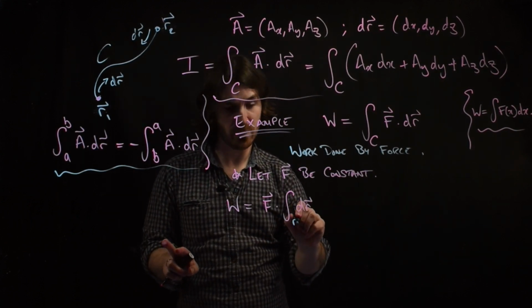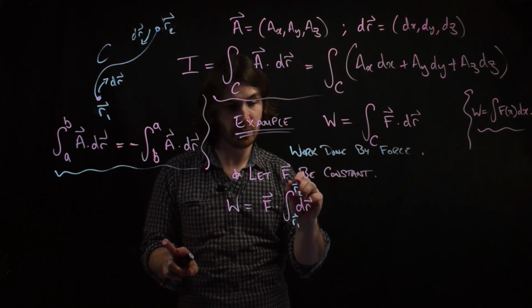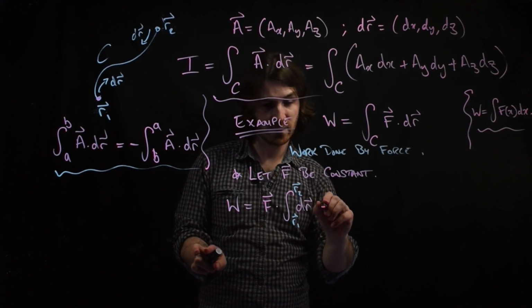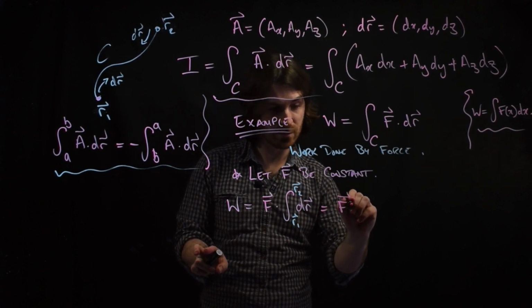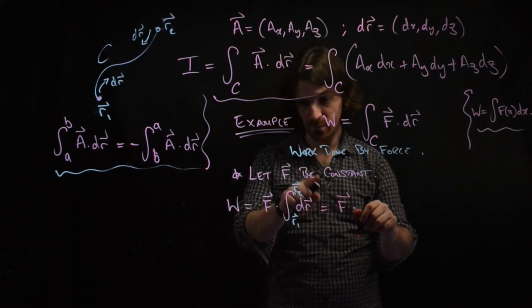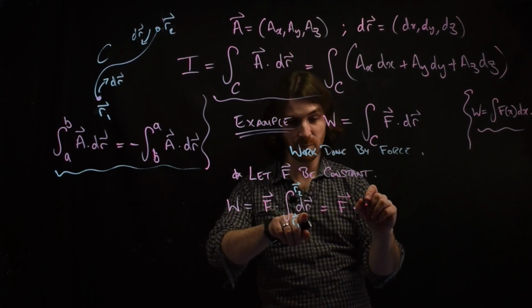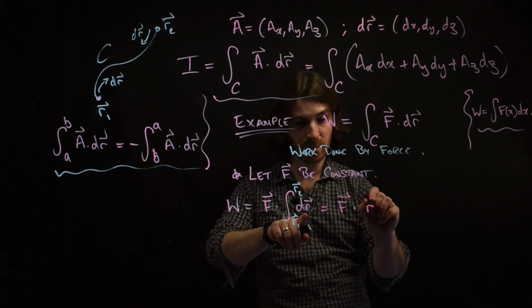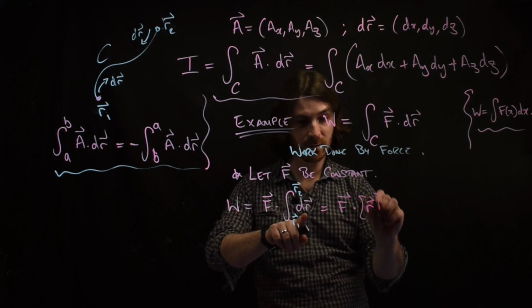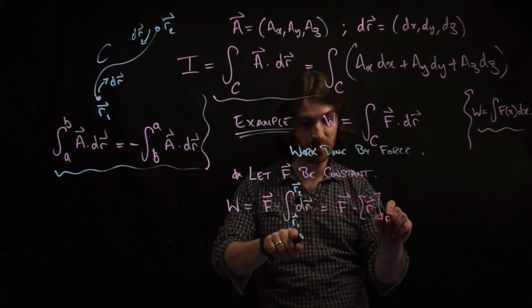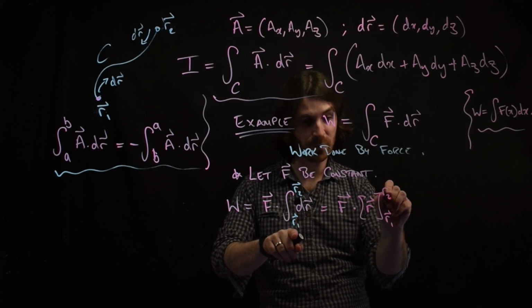So we're going to go from R1 to R2. And this is just equal to the force dotted with the answer to this integral, which is just the integral of dr, which is just r, evaluated at the 2 points given by the limits, r1 and r2.